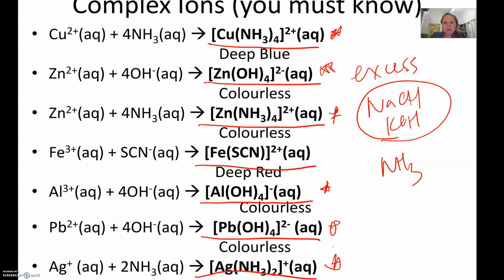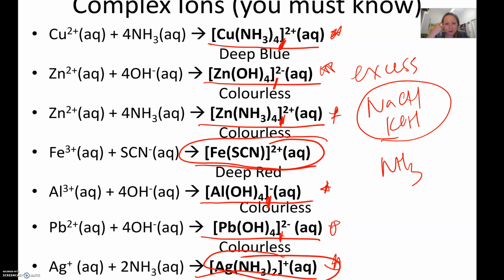There's a little tidbit to help you: most of these complex ions have 4 behind the bracket. This one's got 4, this one's got 4, this one's got 4, this one's got 4, and this one's got 4, so it's actually easier to remember the thiocyanate doesn't and the silver doesn't.